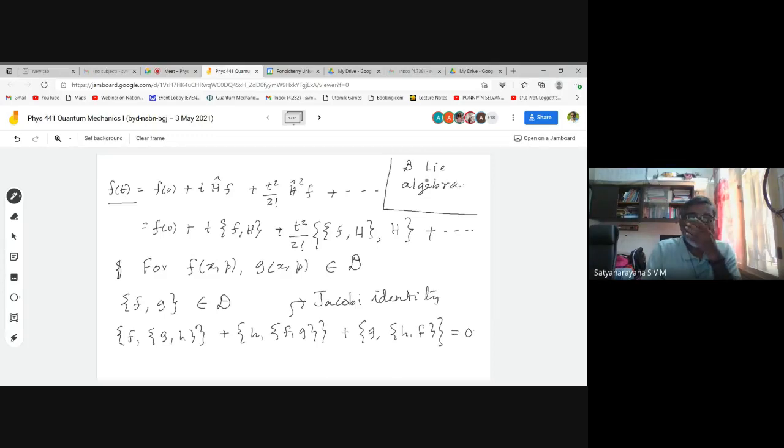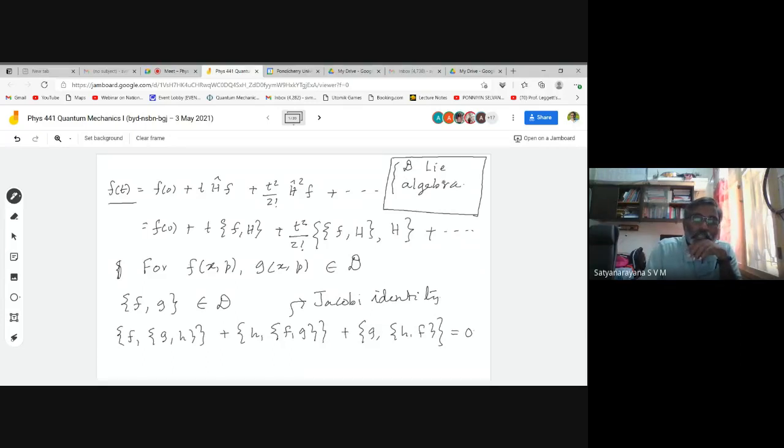Okay. Lie algebra is another algebraic structure. And to define a Lie algebra, you must have a bracket like this or an operation like this which satisfies Jacobi identity. So this D is a Lie algebra.